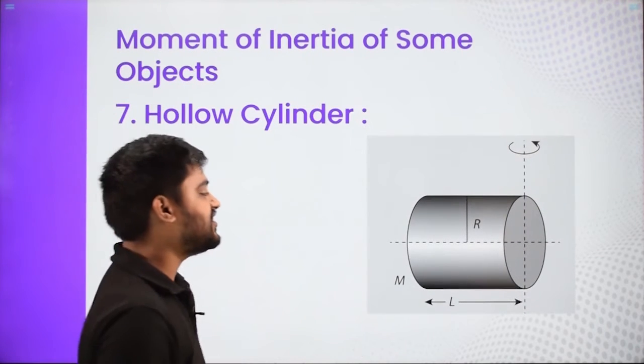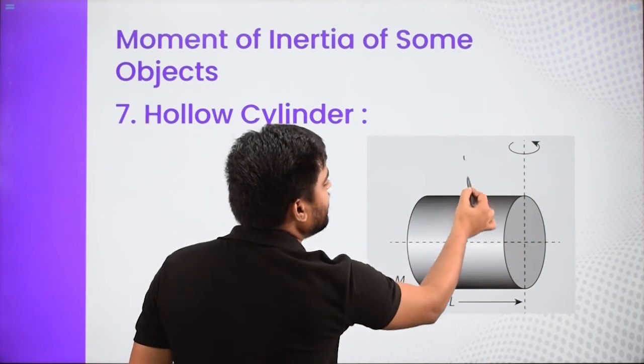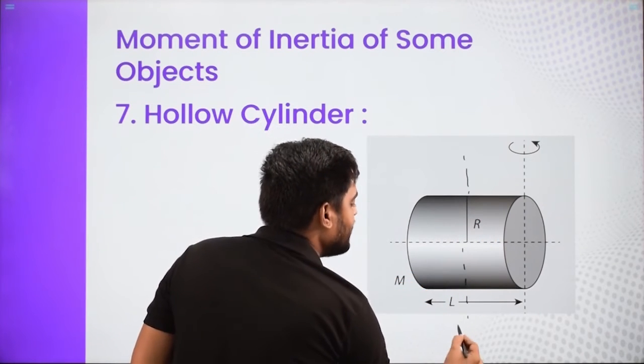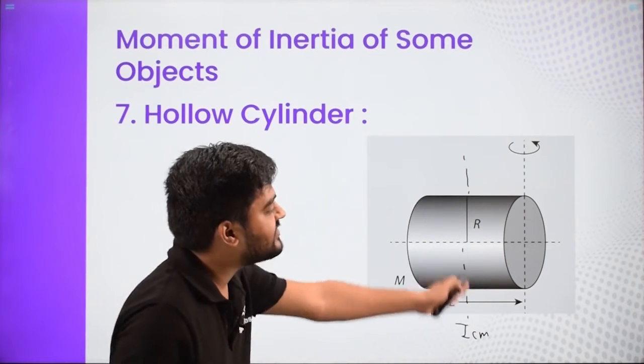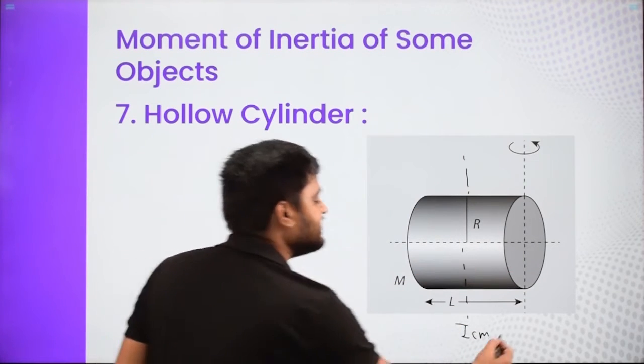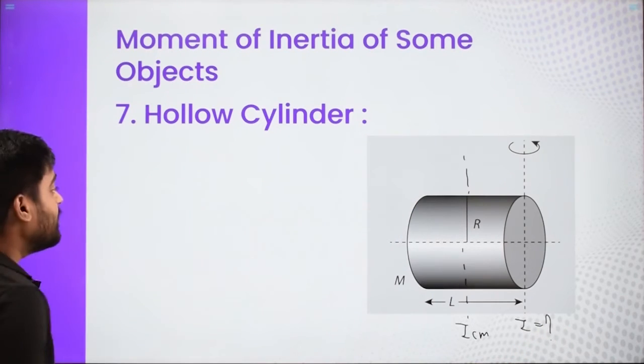Now the last situation is the moment of inertia about this axis. We already know the moment of inertia about this axis. Here I have to call this I CM, because this passes through the center of mass and is parallel to our given axis, and this is the thing which I need to find. So again we can apply the parallel axis theorem.